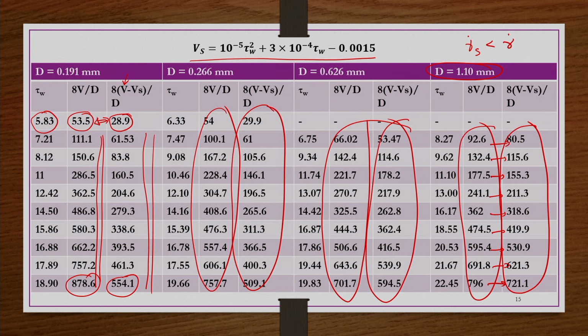Here in the case of 0.191 mm, almost 50% is reduced, but in the case of the 1.1 mm diameter capillary, it decreased very little, from roughly 800 to 720. Okay.